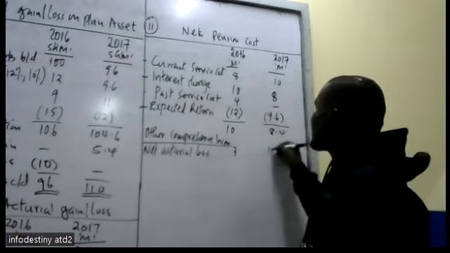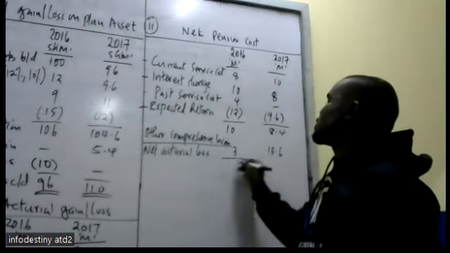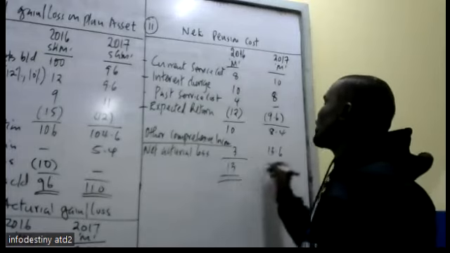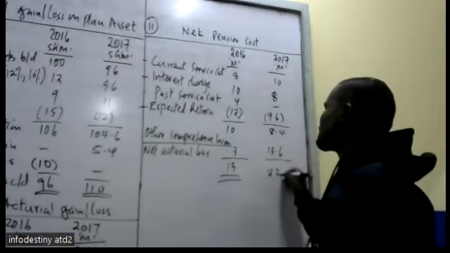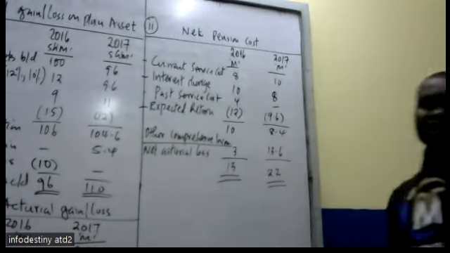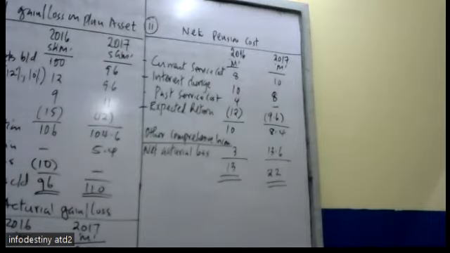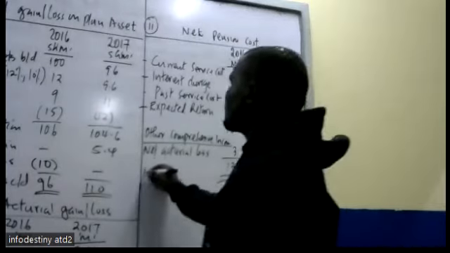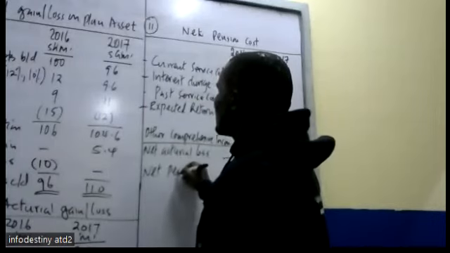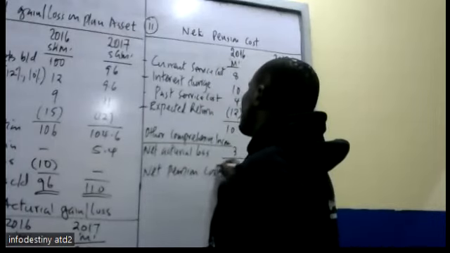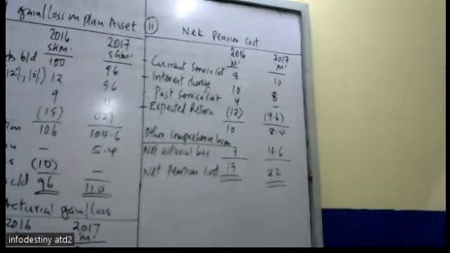And this one was also 13.6. So total comprehensive 22. So those are the net pension costs, as you can see.